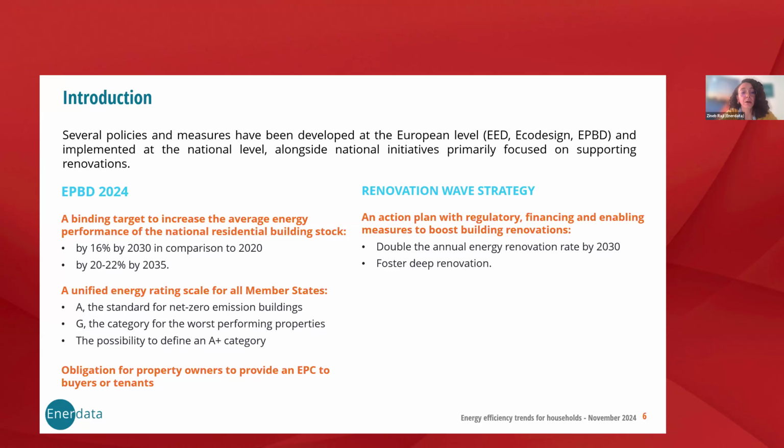This policy introduces a binding target to increase average energy performance of the building stock, with specific targets for 2030 and 2035. It also introduces a unified energy rating scale for member states, which enables comparison between member states, and an obligation for property owners to provide energy performance certificates to buyers or tenants.